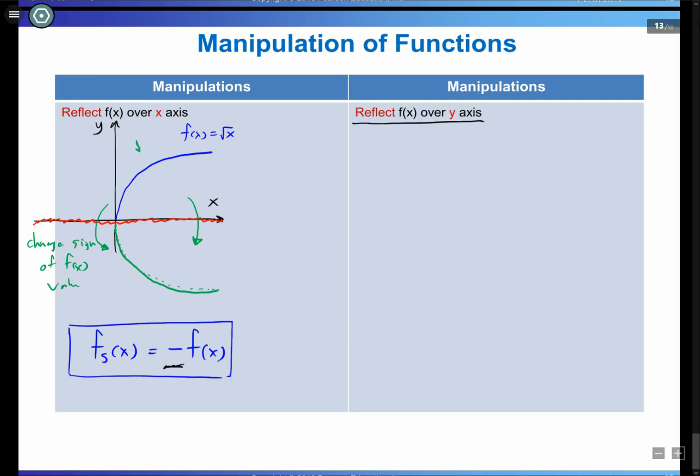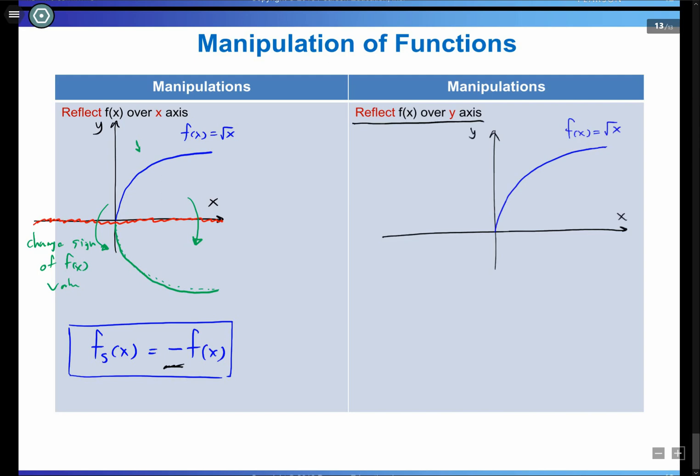I'm going to use the same function. So starting with the y-axis and x-axis, and I also have the same function, f(x) equal to square root of x. And here I have the y-axis and x-axis.